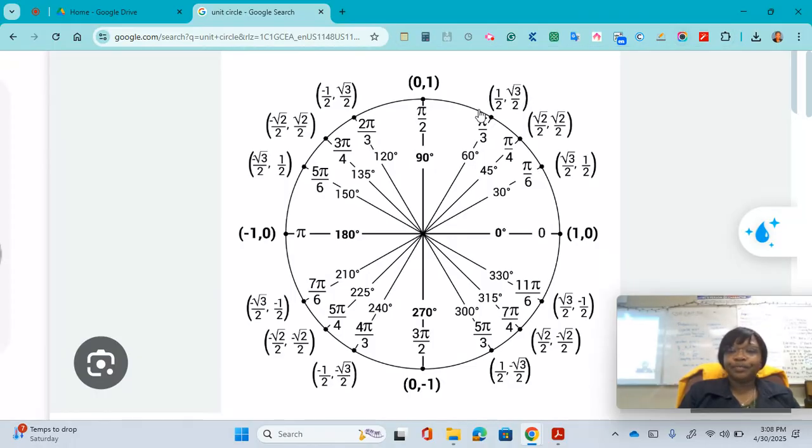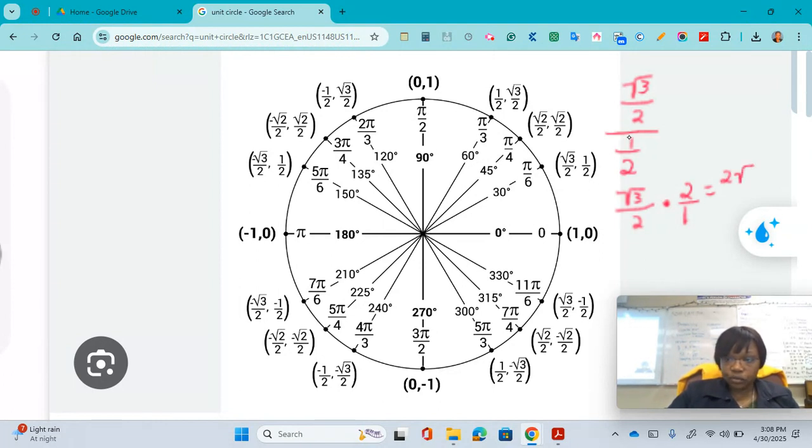It's here at pi over 3, and I can show you: square root 3 over 2 divided by 1/2. We do what? Keep, change, flip, and that would give me square root of 3. So when our y over x gives us square root of 3, it's at that angle.